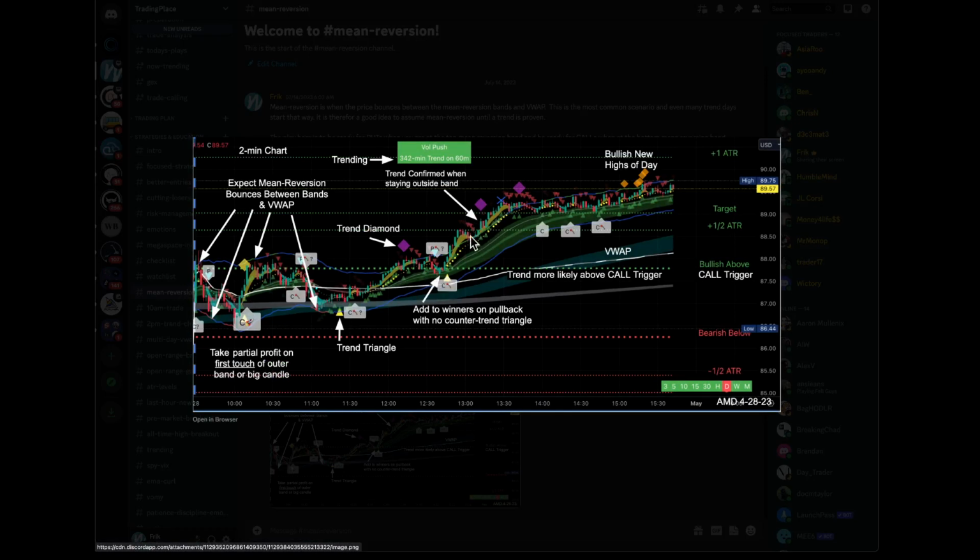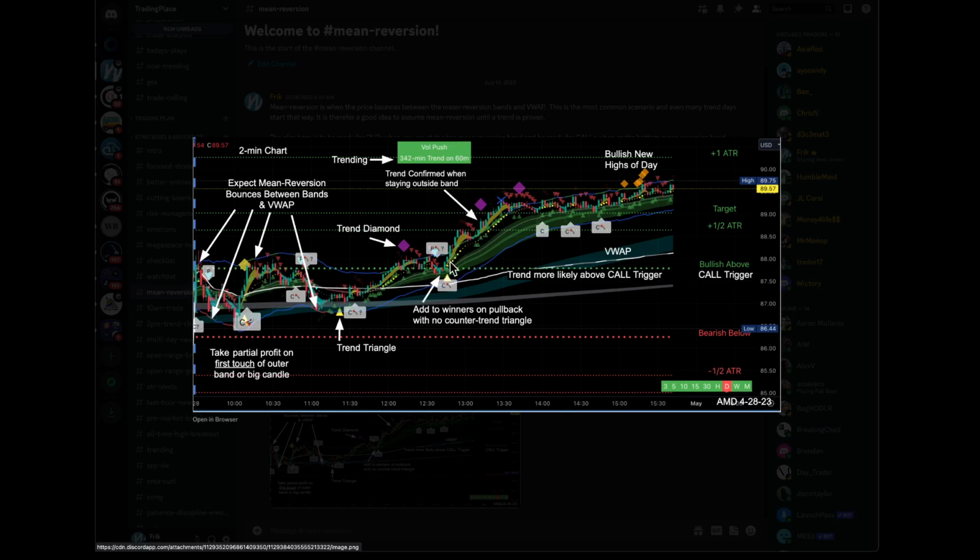Here's the key: for a decent trend, you want to stay outside of these bands. You're not going to get a trend unless you can get outside of these mean reversion bands and stay there for a little bit. Well, it's less likely, let me put it that way.